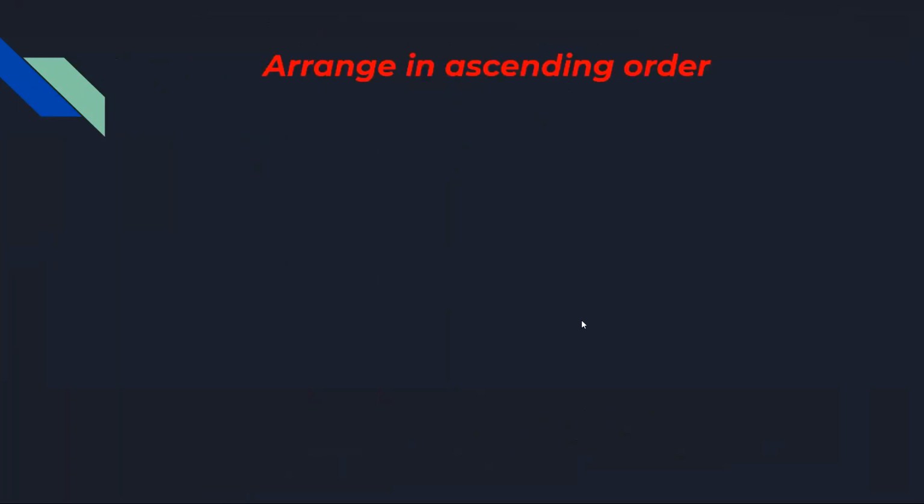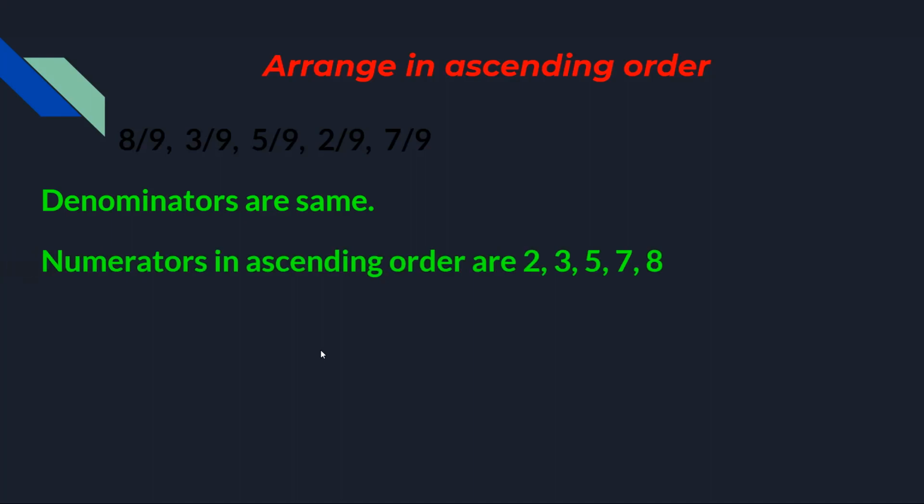Let us take some examples. Arrange in ascending order. The question is 8 upon 9, 3 upon 9, 5 upon 9, 2 upon 9, 7 upon 9. The denominators are the same. All the denominators are 9, so they are like fractions. So we will see the numerators in ascending order: 2, 3, 5, 7, 8.